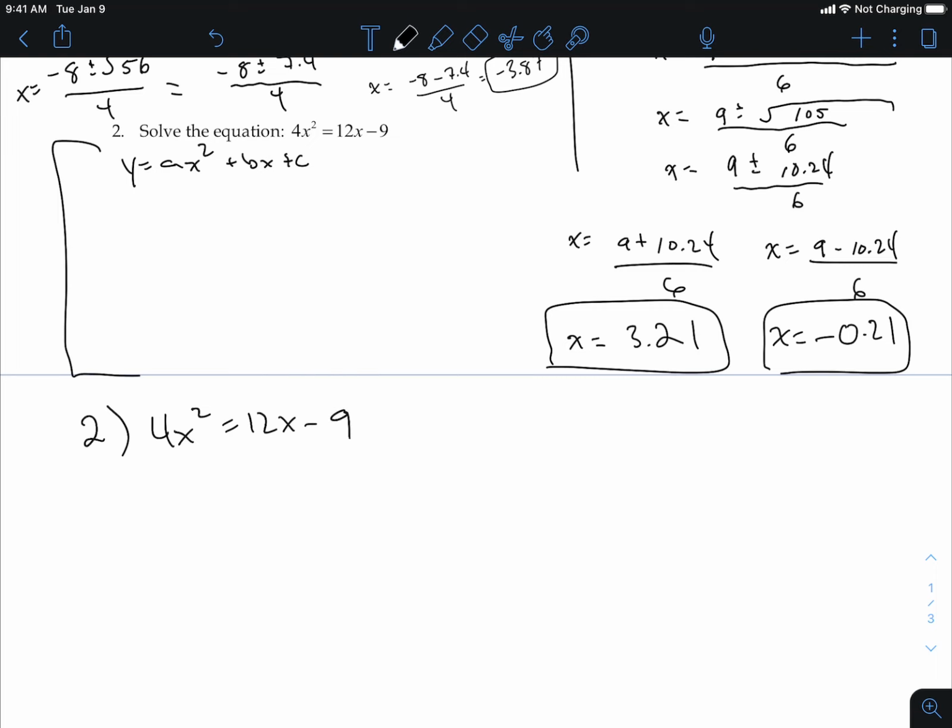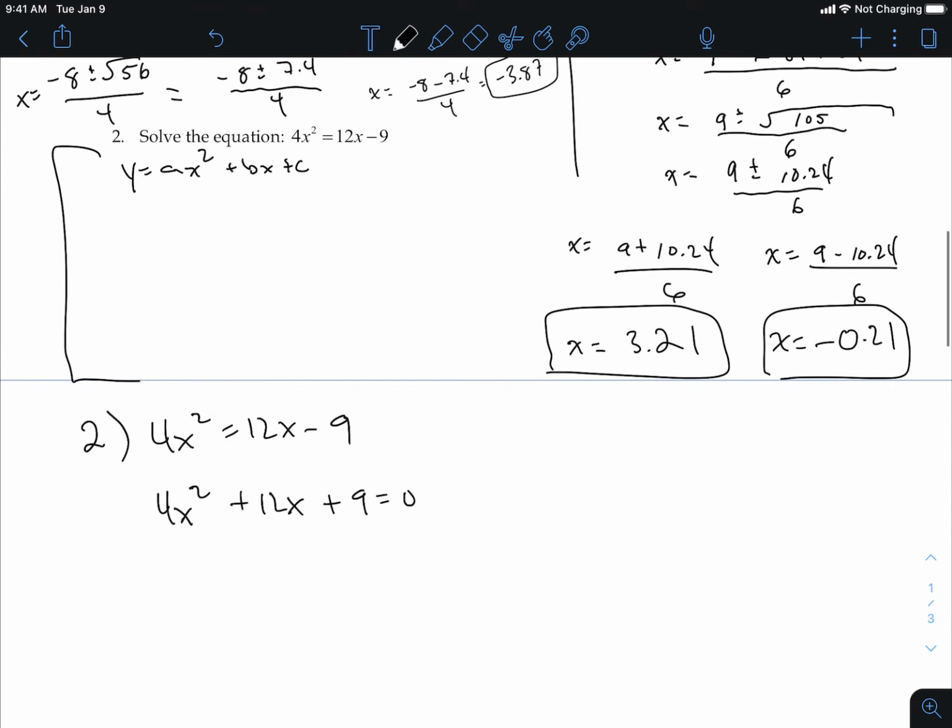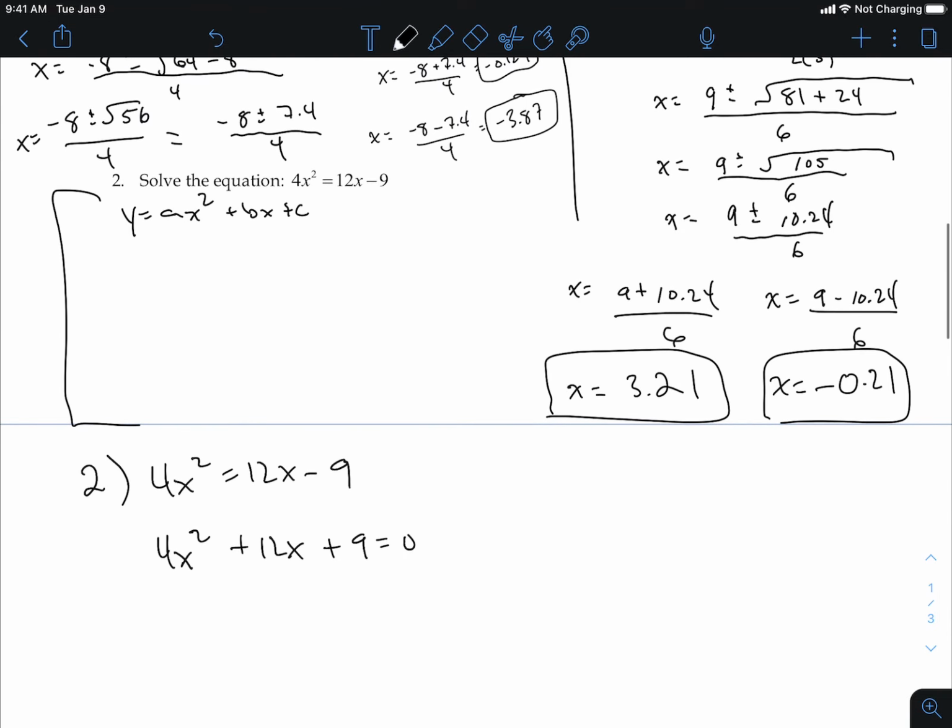So I'm just going to switch it. Now, I don't want to do this stuff above if I don't have to. So let's check. Does it multiply to two numbers that multiply to 4 times 9?